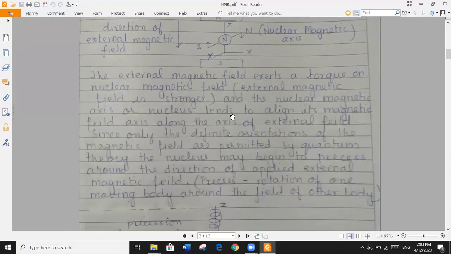The external magnetic field exerts a torque on the nuclear magnetic field. The external magnetic field is stronger.